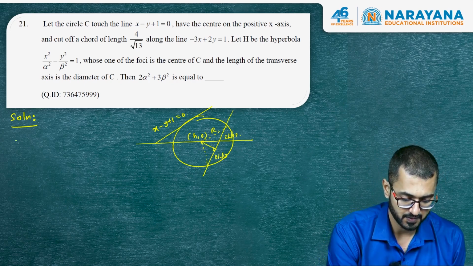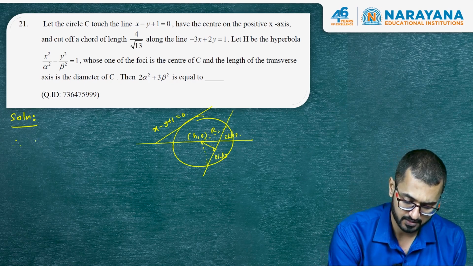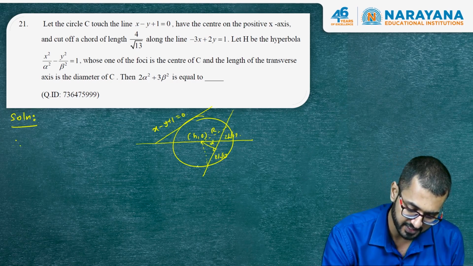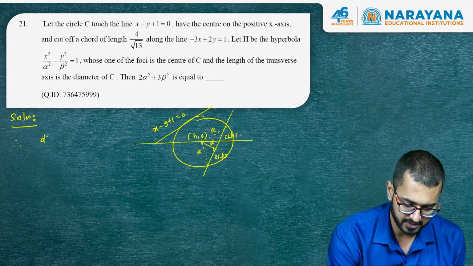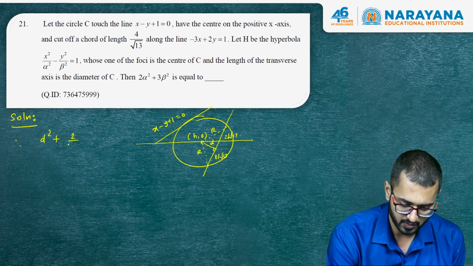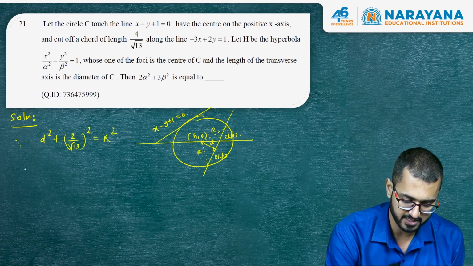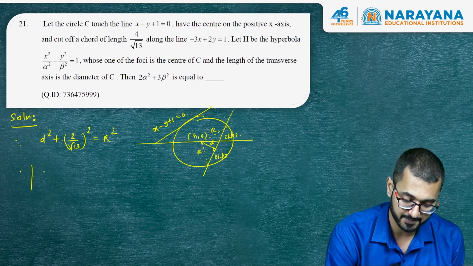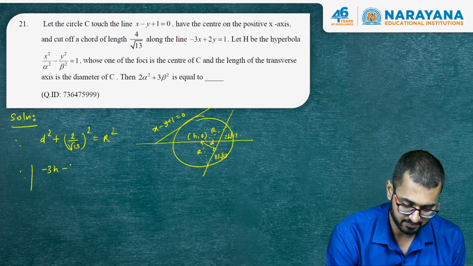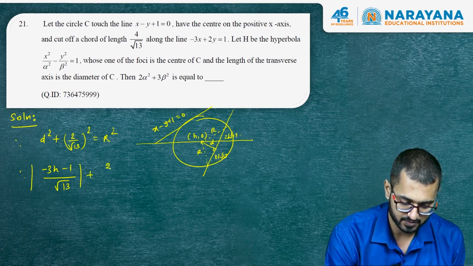So we can write, suppose this is my distance d, okay, this is r, so we can write d² plus (2 by root 13)² is equal to r². Now what is d? It's the distance of this point from the line, so I'll be writing (minus 3h minus 1) over the square root of 13, plus (2 by root 13)² is equal to r².